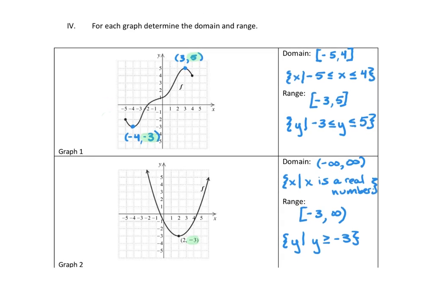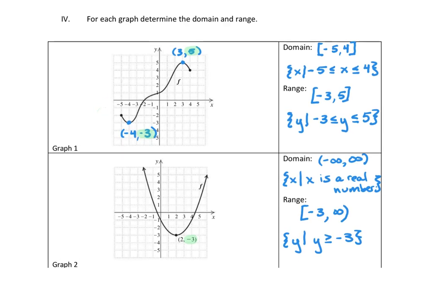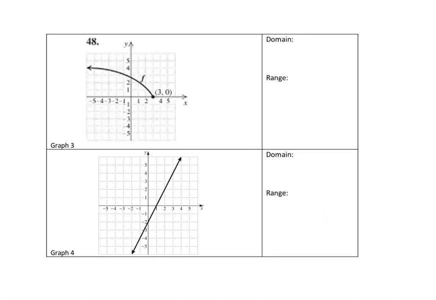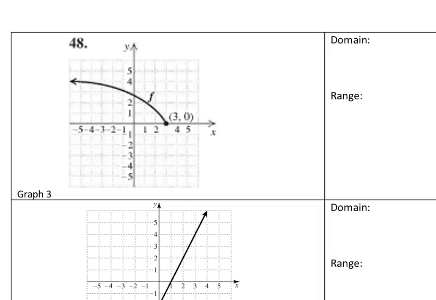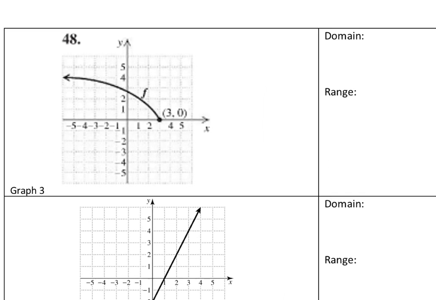All right, these are our first 2 examples, and so now let's go ahead and look at a couple other ones. If we come to graph 3, we have something that looks like this. And so we're going to start with our domain.